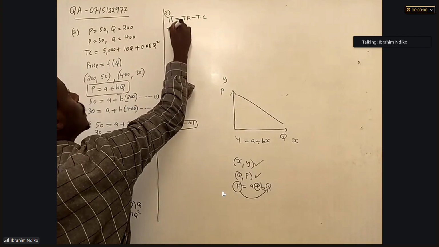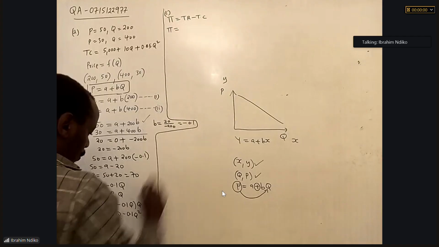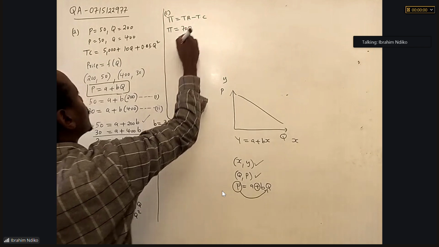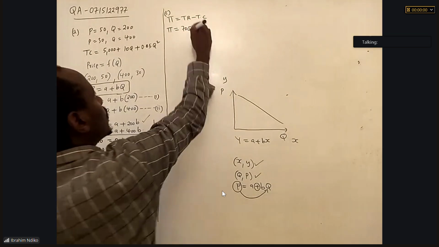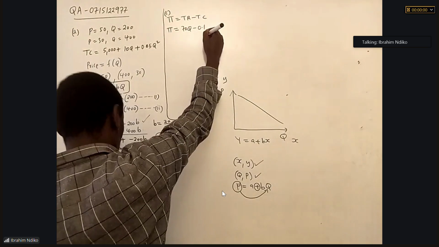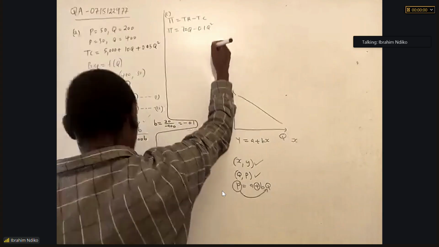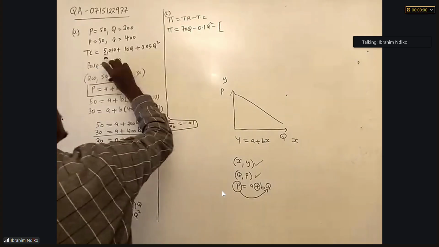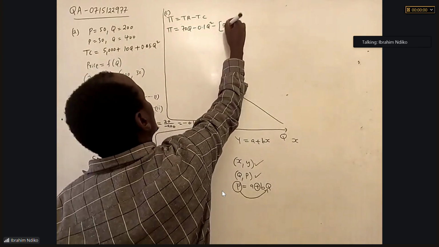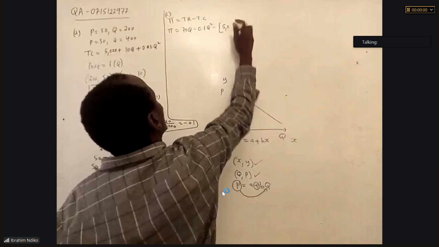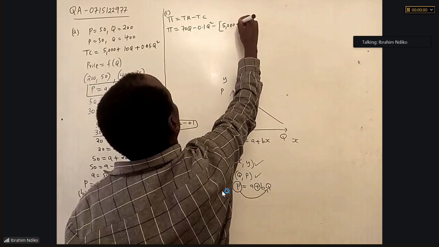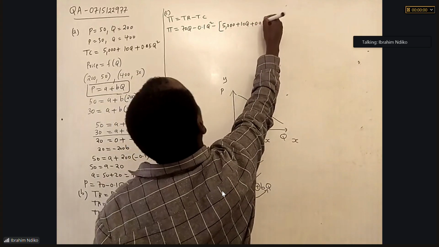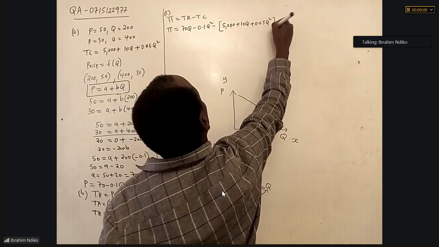So it will be equal to total revenue 70Q minus 0.1Q squared, minus our total cost here, 5,000 plus 10Q plus 0.05Q squared.